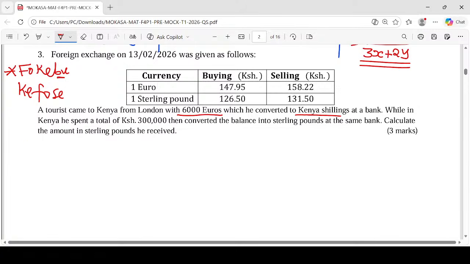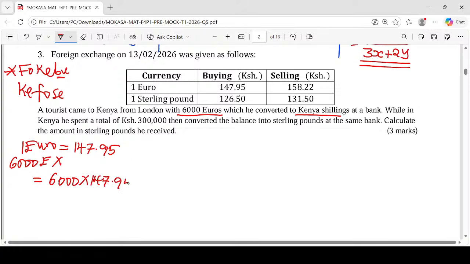So let us see the relationship between euros and Kenyan shillings in the buying column. You can see that 1 euro is equivalent to how many Kenyan shillings? How much Kenyan shillings is there in the buying column? 147.95. What about the 6,000 euros? You cross multiply. This will be 6,000 being multiplied by 147.95.